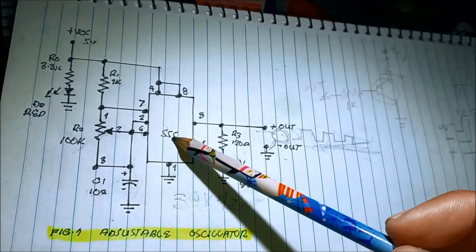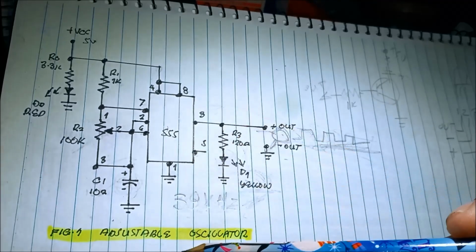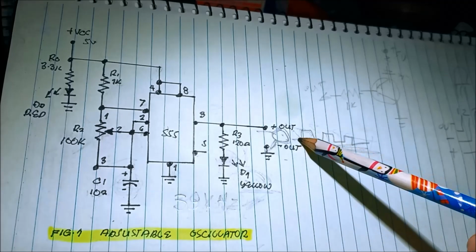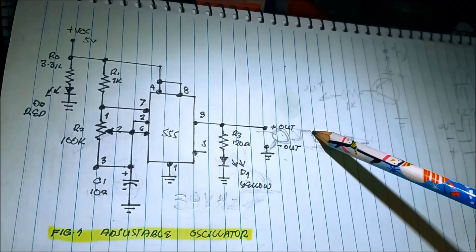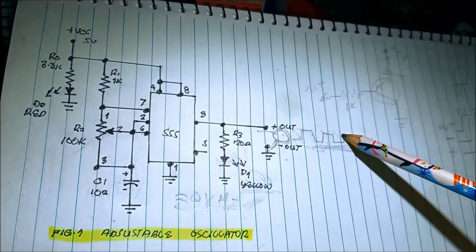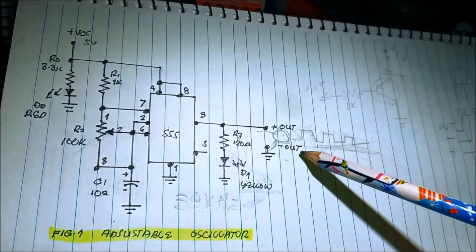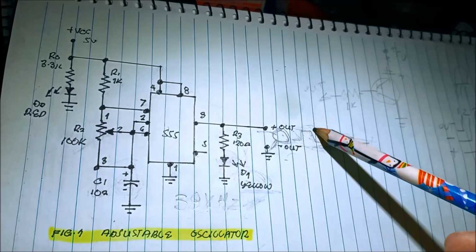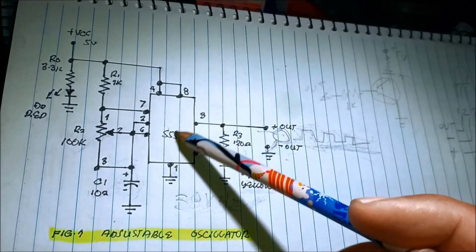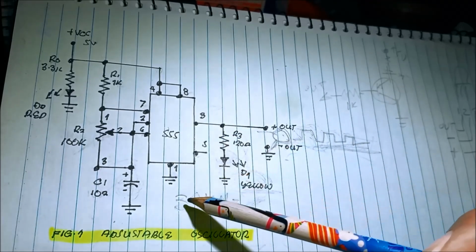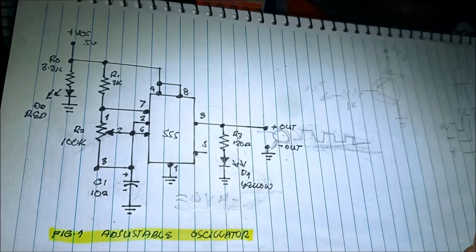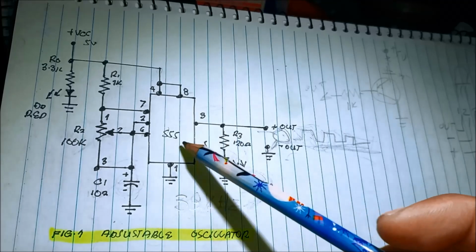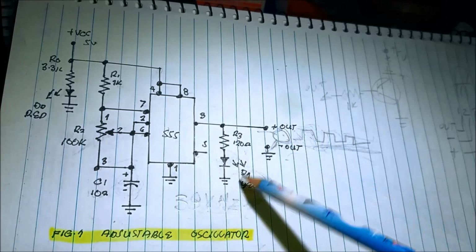So the function of the 555 timer is as an oscillator that can oscillate a signal, a square wave, or continuously change its state from 1 to 0, or on off. And how does the 555 function as an oscillator?